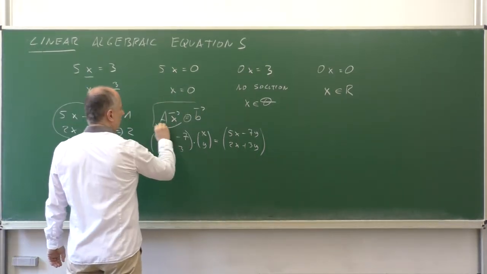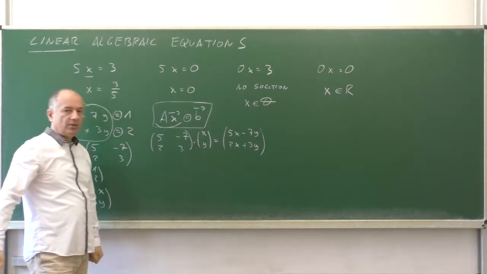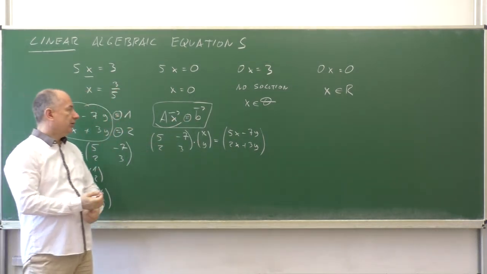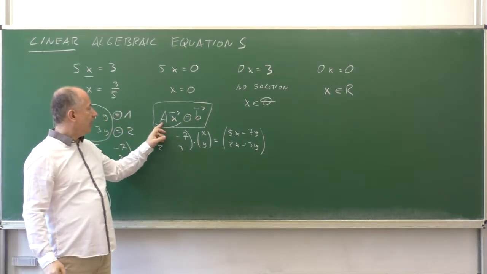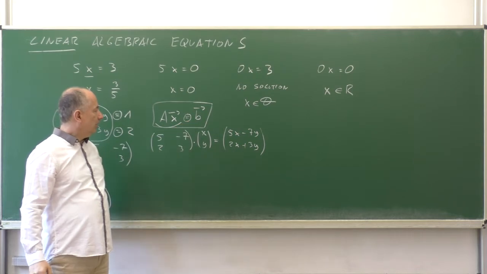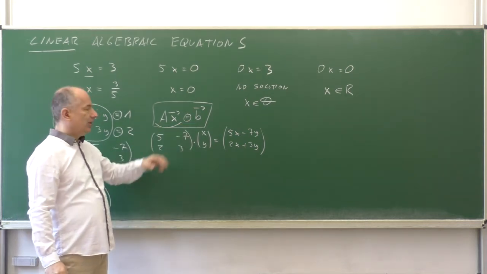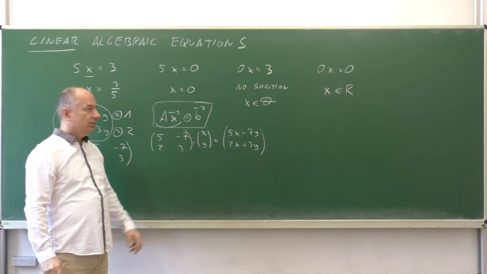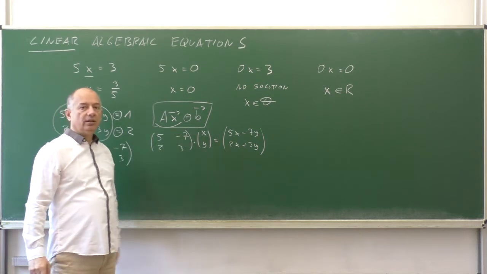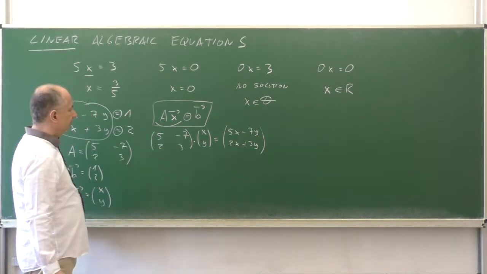So now for some time we will discuss the system of linear algebraic equations in the form Ax is equal to b, where A is a given fixed matrix, x is the vector of unknowns, and b is the right hand side, the vector of numbers.